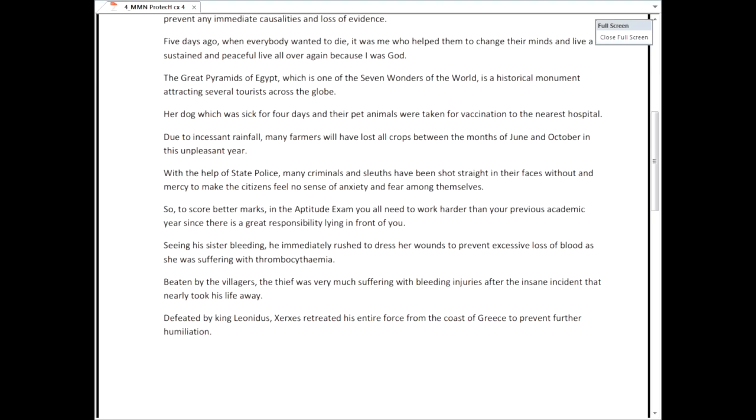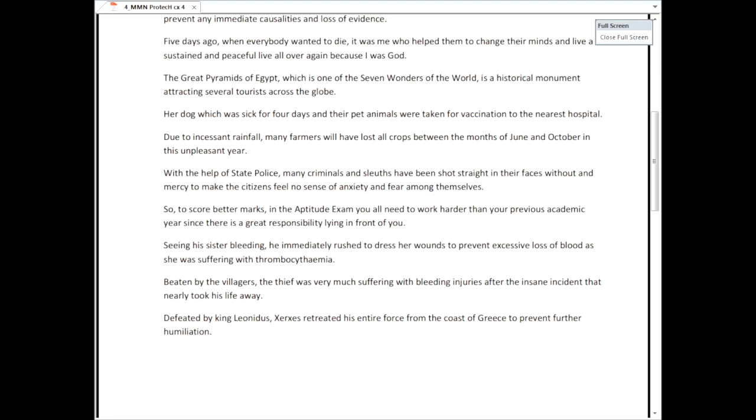So to score better marks in the aptitude exam, you all need to work harder than your previous academic year. Now you get "since" again. Now I can treat it as a preposition. Since there. I'm sorry, "since" is a conjunction here, not a preposition, because it's not talking about time, it's talking about a condition. So most likely it's a conjunction. And here it is a conjunction, because I see another subject, another auxiliary verb and another complement.